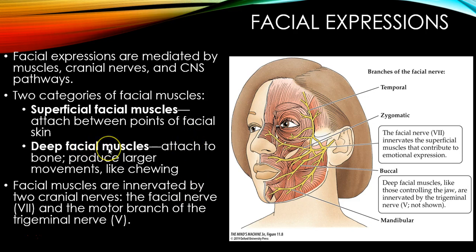And then our deep facial muscles, they attach to bone and they produce larger movements like chewing, moving your jaw, things like that. And the facial muscles are innervated by two cranial nerves. We've got the facial cranial nerve 7 and the motor branch of the trigeminal nerve, which is 5. Those all help us make our facial expressions.